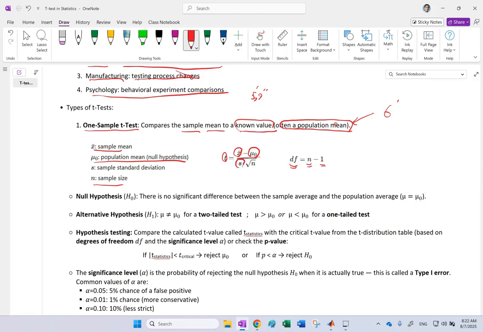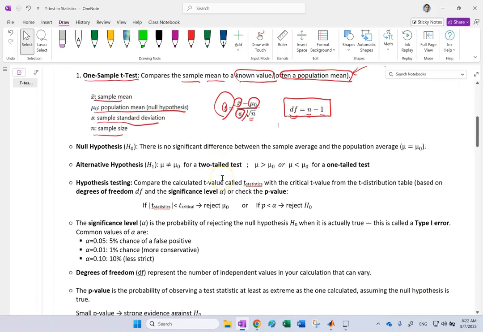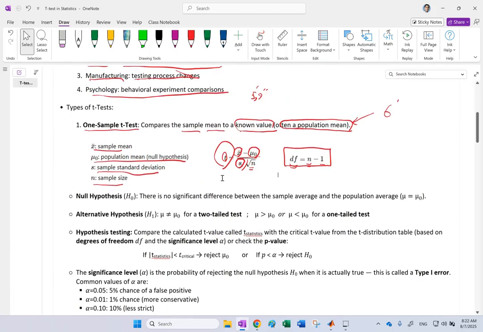So here the sample standard deviation is divided by the square root of the number of data in the sample. So you get this t-statistic value. You also need to get the degrees of freedom. And then I'll show you, once you have these two numbers, how you can check whether your hypothesis testing is giving you that you accept or reject the null hypothesis.